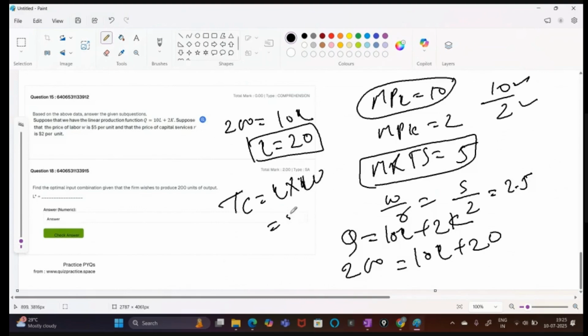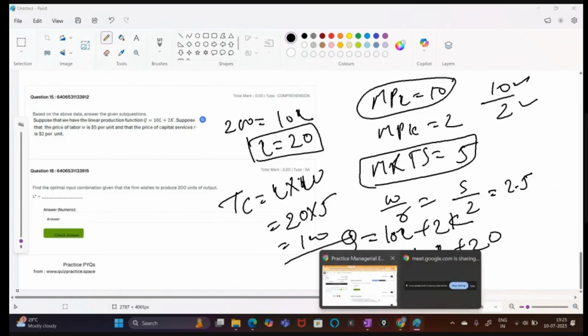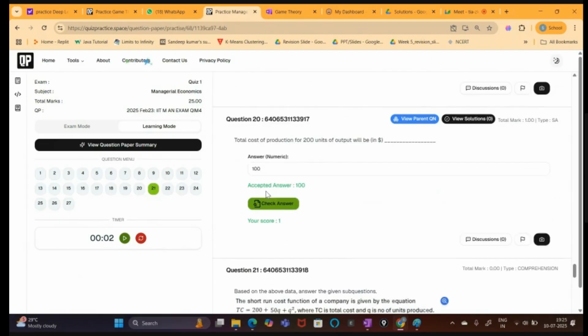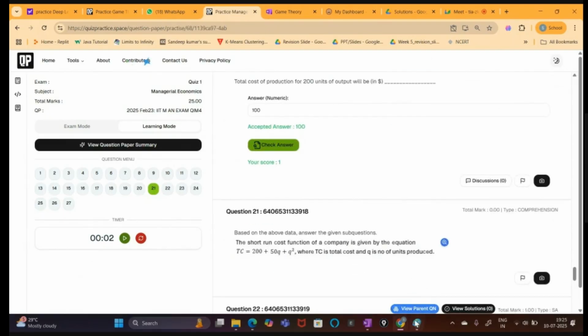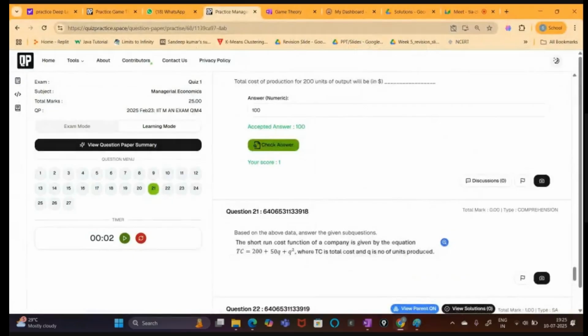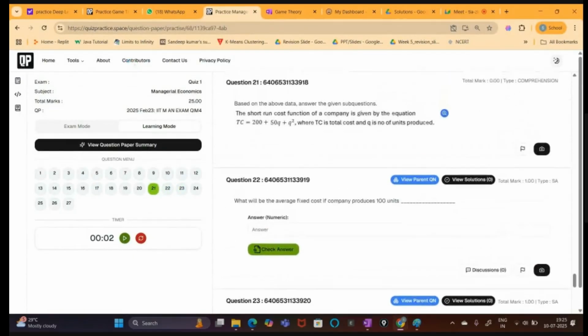So 20 into 5 will be 100, right? So 100. Why didn't we use the R here? Because we are not using the machine. That's why we have multiplied only with W, the price of the labor, right? Okay, moving to the next question.